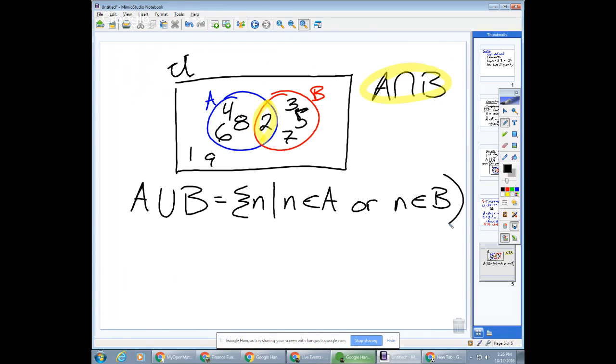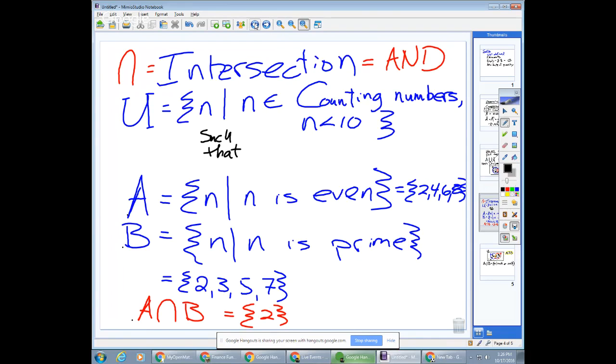Let's see, how many things were in set A? 1, 2, 3, 4. How many were in B? How many are going to be in the union? At most 8. Why am I saying at most 8? Yeah, because they both count the 2, right?